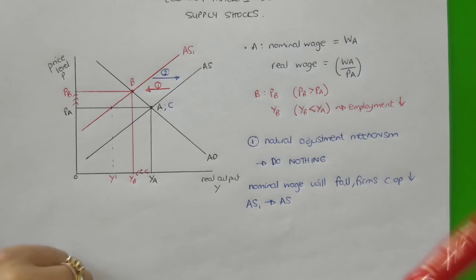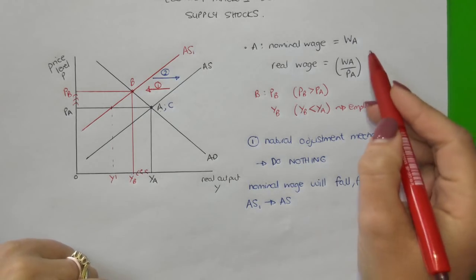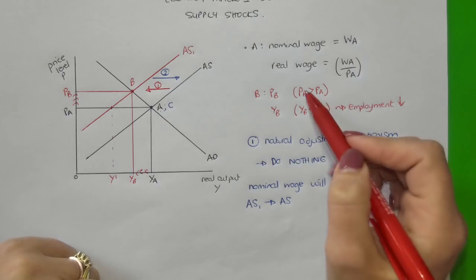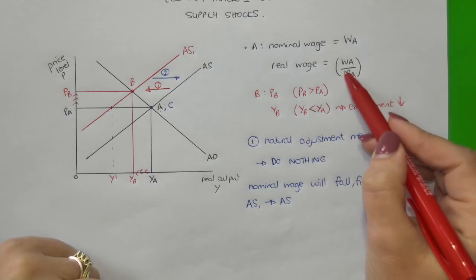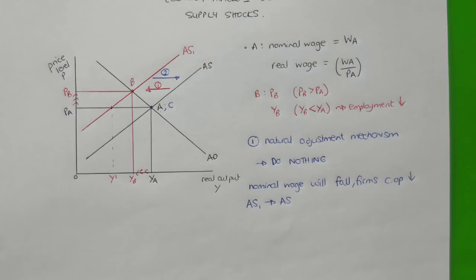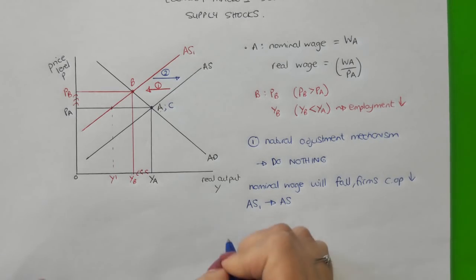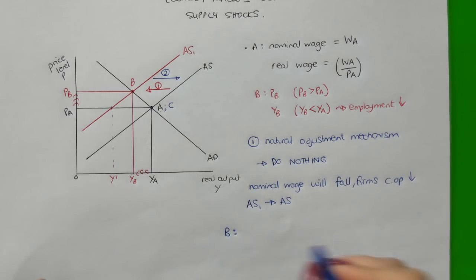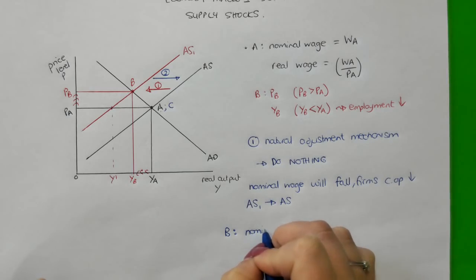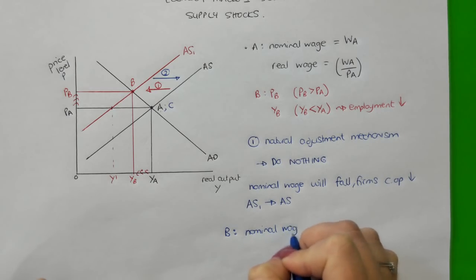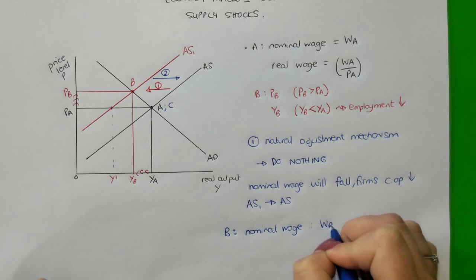So at A, as we had indicated, the nominal wage was WA and the real wage was WA over PA. At B, maybe I should use this color. At B, the nominal wage is now WB. Why?